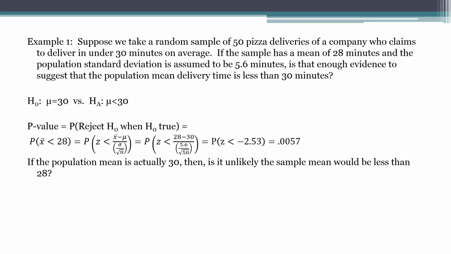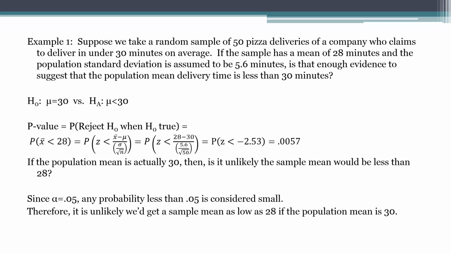That's the threshold for what we're considering to be unlikely. In this problem, we were using 0.05. So any probability less than 0.05 would be considered small. That means that this is unlikely. So it is unlikely that we'd get a sample mean as low as 28, assuming the population mean is 30. And that's why it seems unlikely that H0 is true.